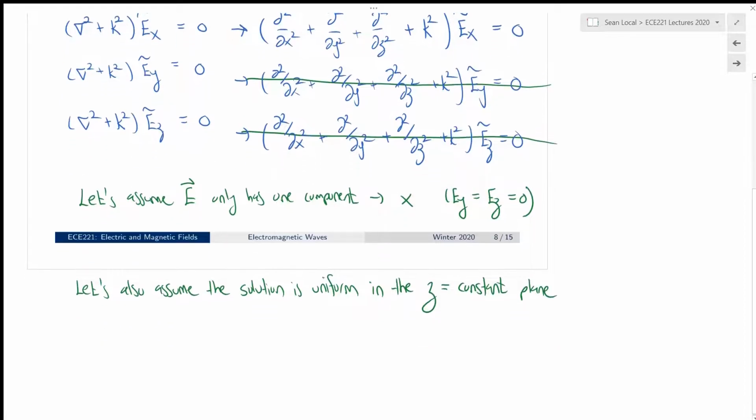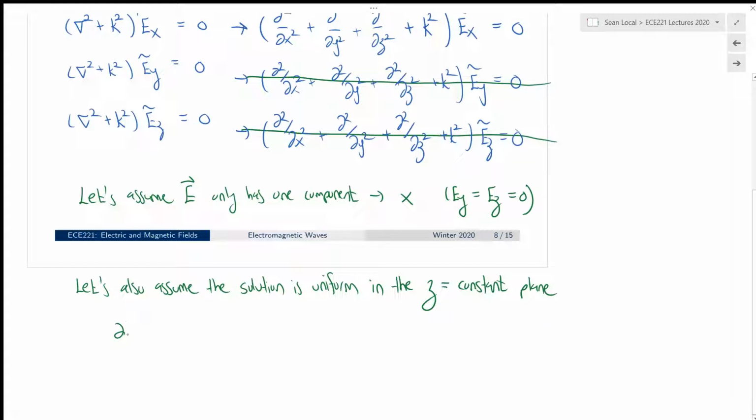So this means that the spatial derivative of the electric field component that we've assumed is non-zero, the one that we're concerned with here, EX, doesn't vary in the X direction. So if it doesn't vary in the X direction, its spatial derivative in the X direction should be 0.